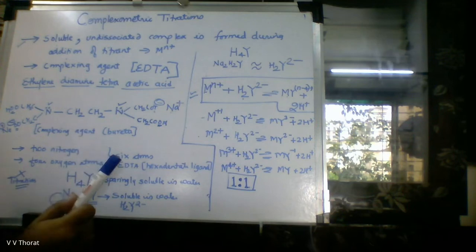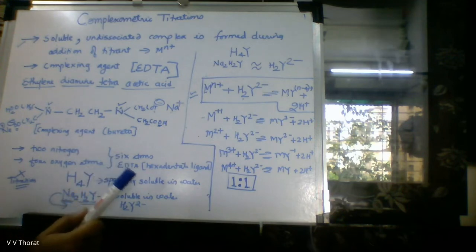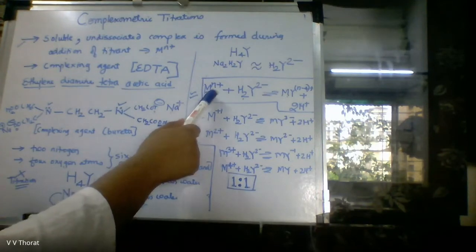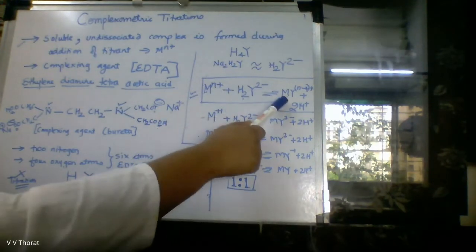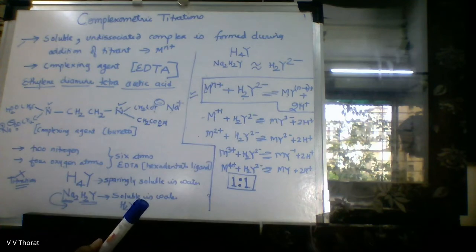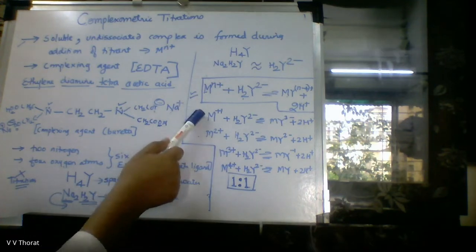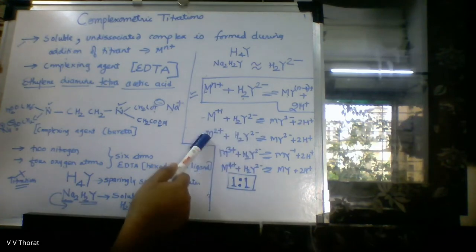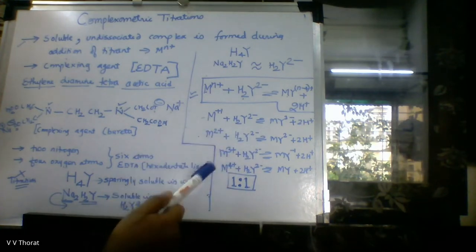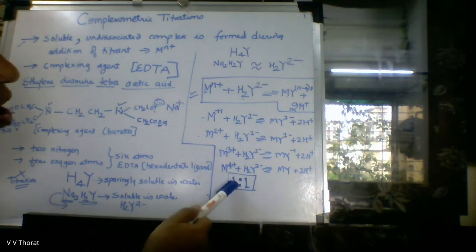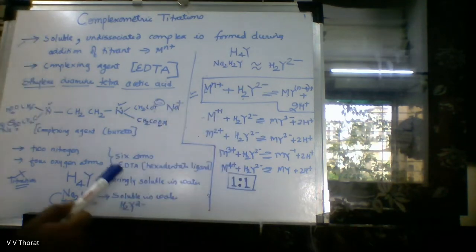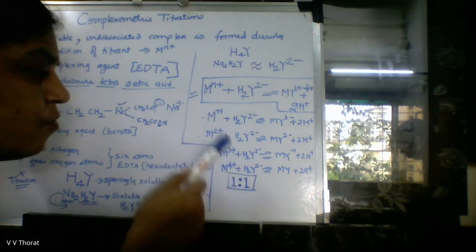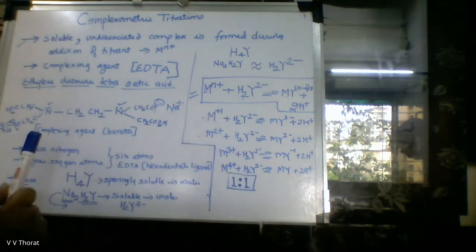So in practical, if I ask you to write the reaction of metal with EDTA, here is the metal plus EDTA giving out this. Then I have shown you that EDTA will react with any metal ion, whether it is the di, tri, tetravalent, in the ratio of 1:1. Even MSc students don't understand the significance of 1:1.